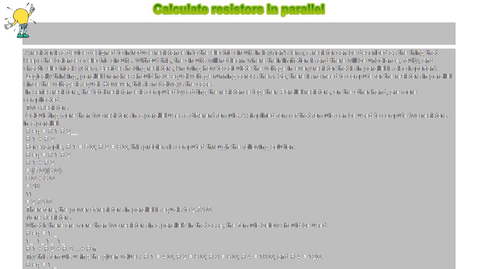More resistors. What if there are more than two resistors in parallel? In that case, the formula below should be used. Req equals 1 over (1/R1 plus 1/R2 plus 1/R3 plus ... 1/Rn).